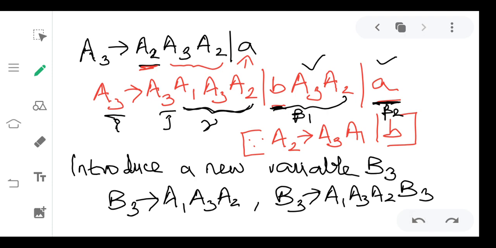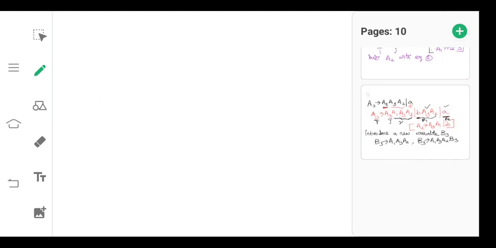Next step, what we have to do? We have to convert the equations of the form A3 produces beta 1, A3 produces beta 2. So what about the equations for A3? We have the equation A3 produces b A3 A2. This is beta 1, and we have another equation A3 produces small a.